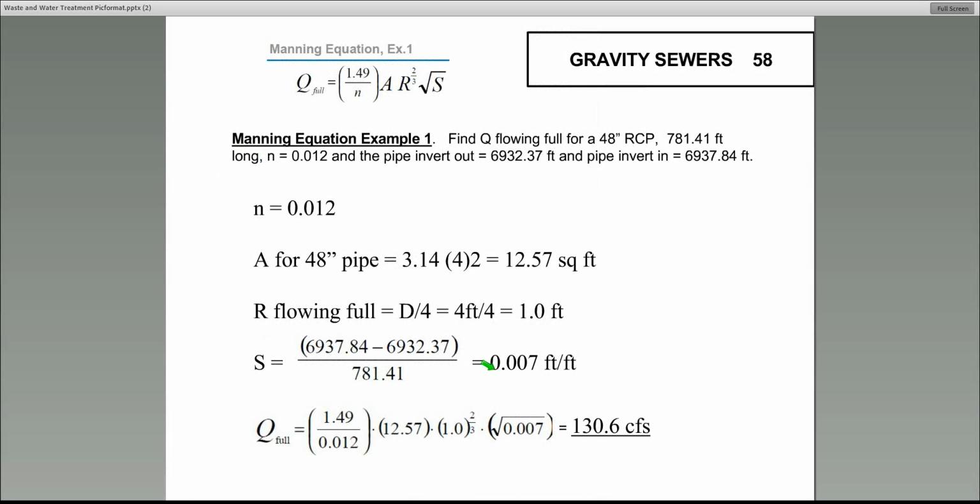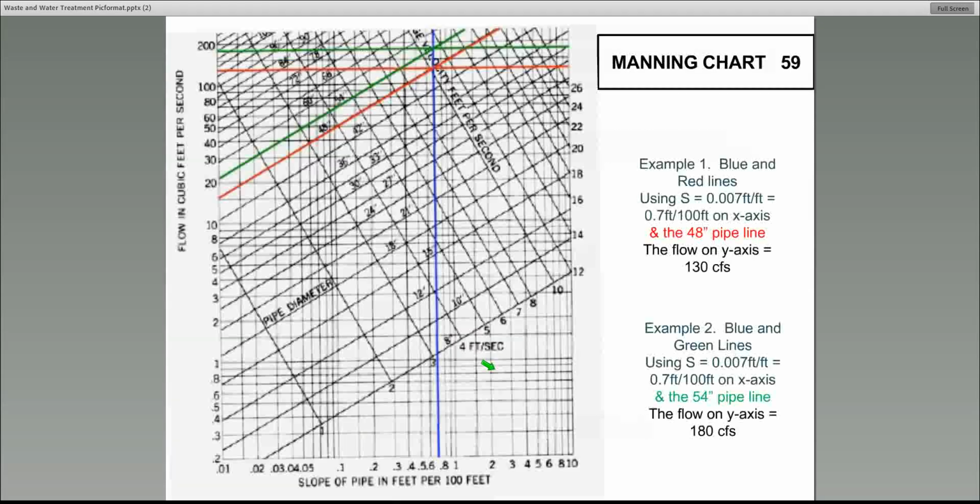Let's go back to this. Here we're looking at 0.007 feet per foot, which is equal to 0.7 feet per 100 feet.